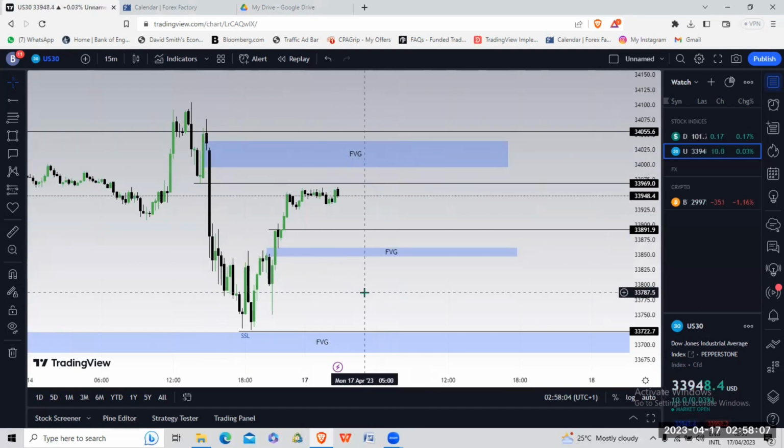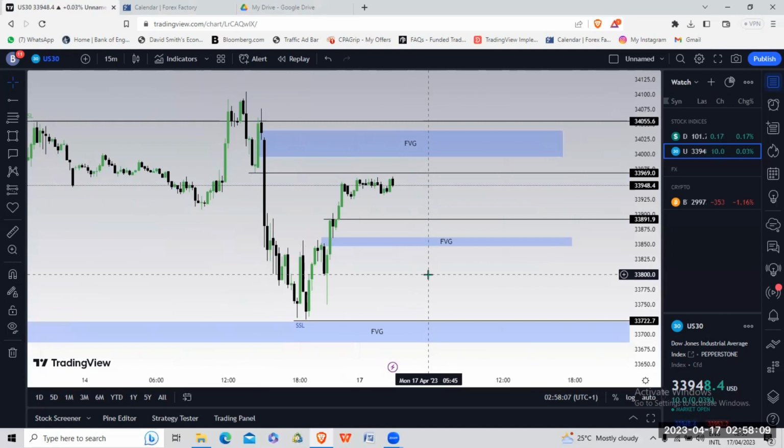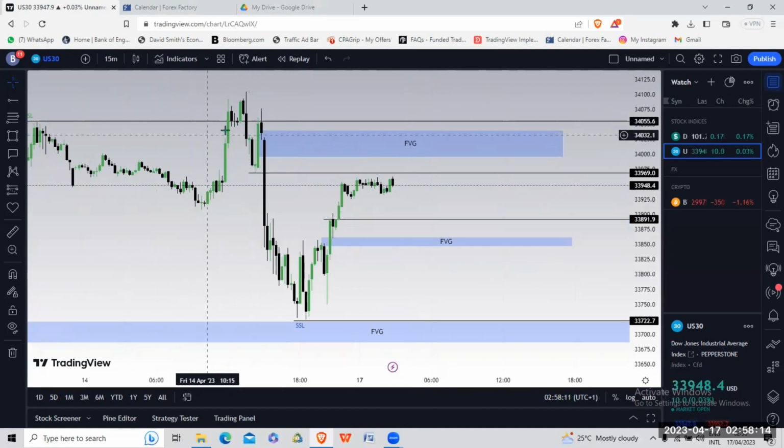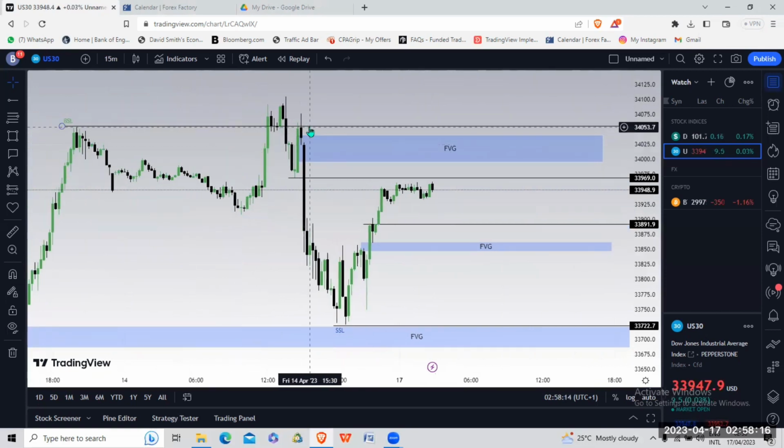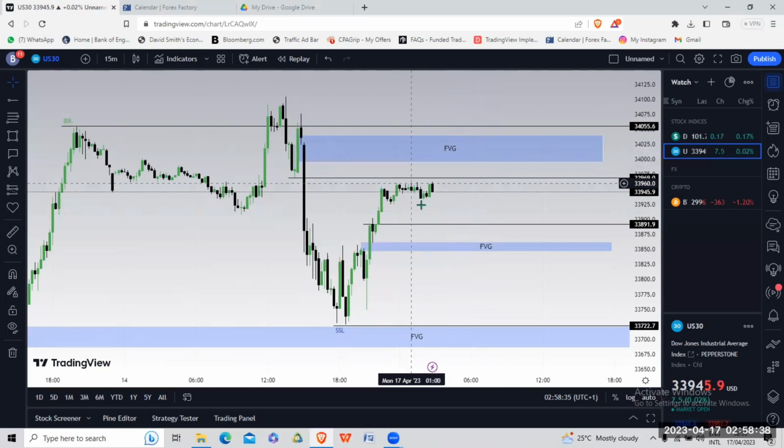Right. So what I'm expecting personally is, since we cleared this high, and then price dropped, taking out this low, I'm expecting that price would consolidate a little bit around here, eventually taking out some highs and maybe trading into this zone. Okay, that's my expectation.